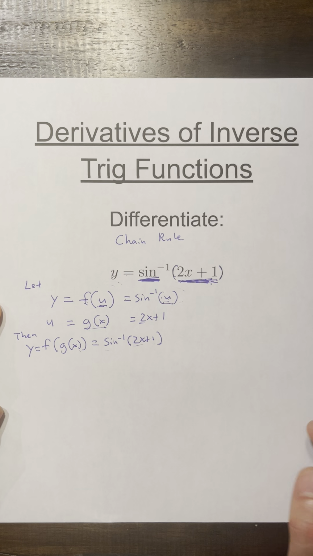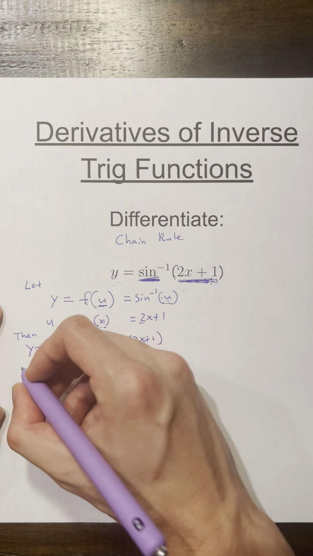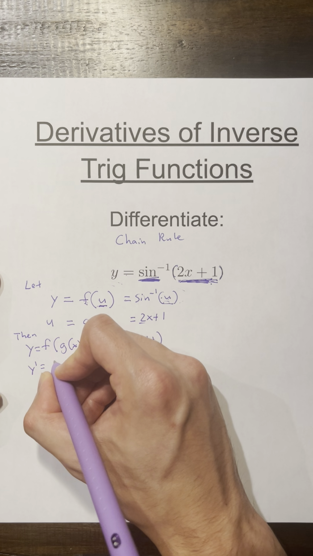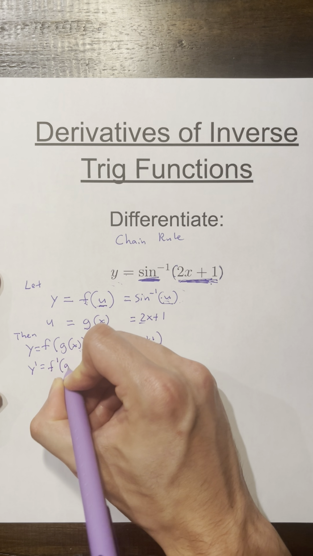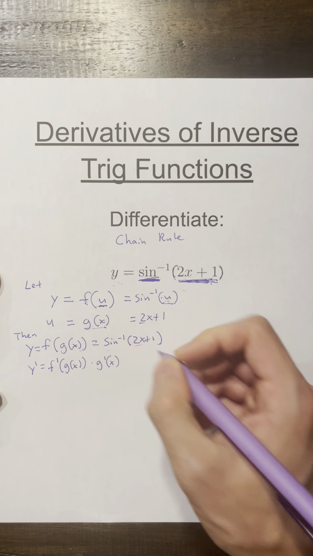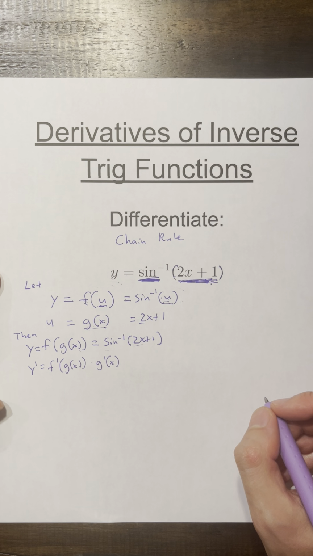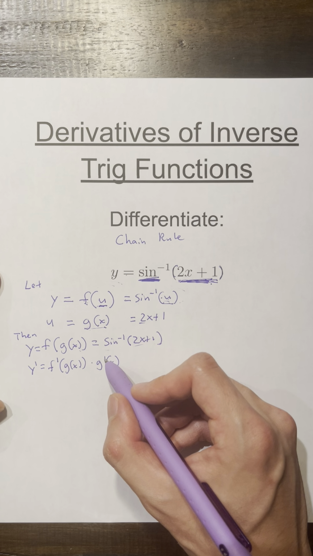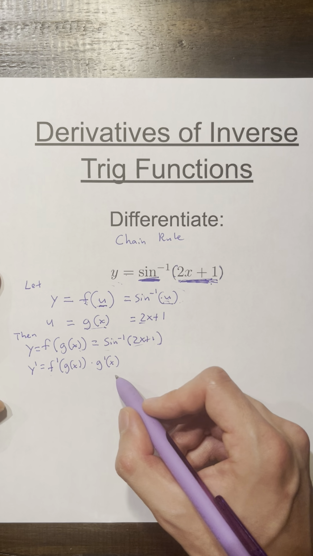Okay, now how do we apply the chain rule to differentiate to find y prime? Well, what's the formula for chain rule again? It's going to be f prime of g of x times g prime of x. Okay, so we need to figure out what f prime and g prime are before we can plug them into this formula.